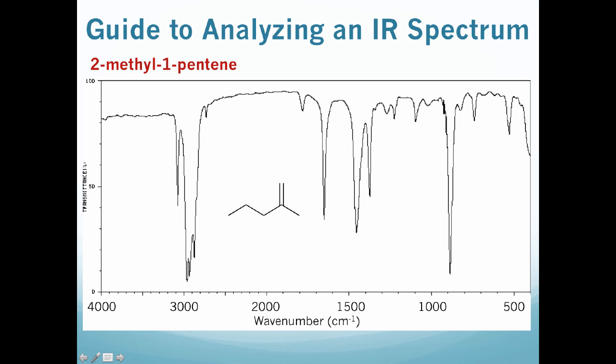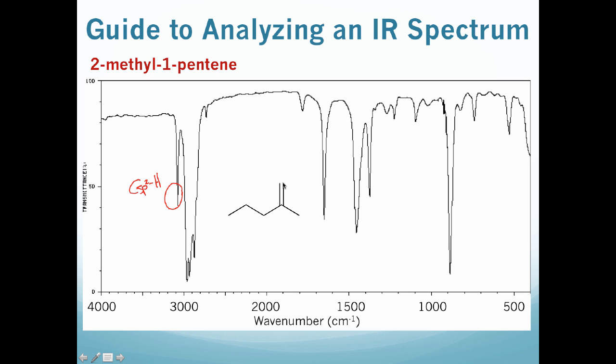So the first one that we're going to look at is just this alkene compound. First, we're going to look up here in the 3000 region, and we have a signal just above 3000 wave numbers. Remember, that is CSP2 hydrogen stretches.